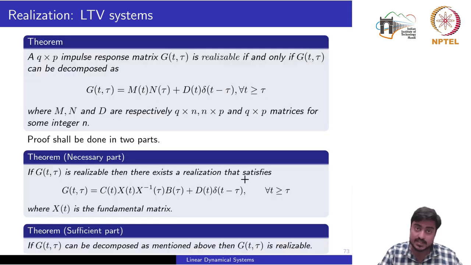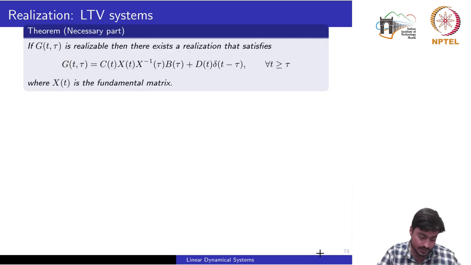So there exists a realization that satisfies this equation where X is the fundamental matrix, and the sufficiency speaks about that if G(t, tau) can be decomposed as this, then the response matrix is realizable. Okay, both ways, this way and similarly this way. Okay, so let's see the proof of the necessary part.